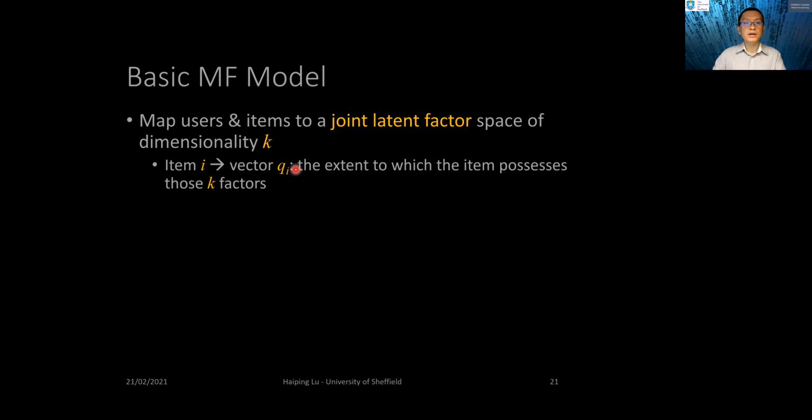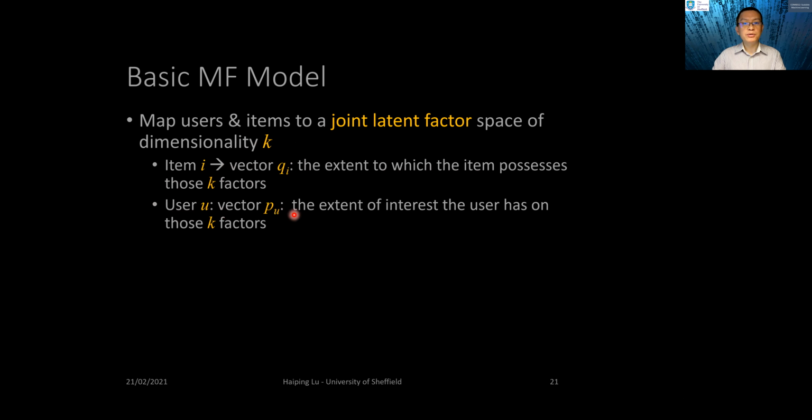This Qi is K-dimensional, and it indicates the extent to which the item possesses those K factors. Yes, in the space there are K factors. And user u will have a vector Pu to indicate the extent of interest the user has in those K factors.